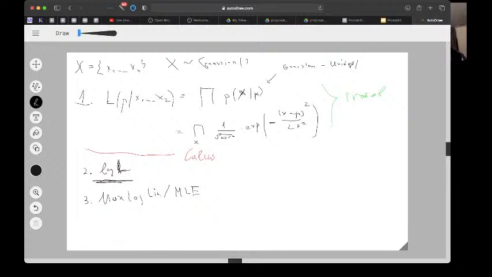So to find the maximum, you find the derivative of log L with respect to your model parameter, and then you set that to 0 to find the critical point. If this is your log likelihood, you want to find where the derivative is 0.